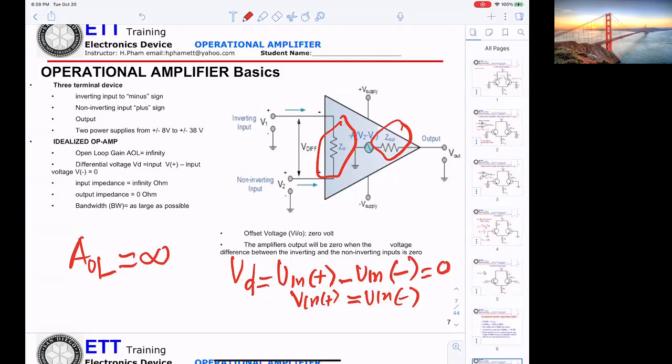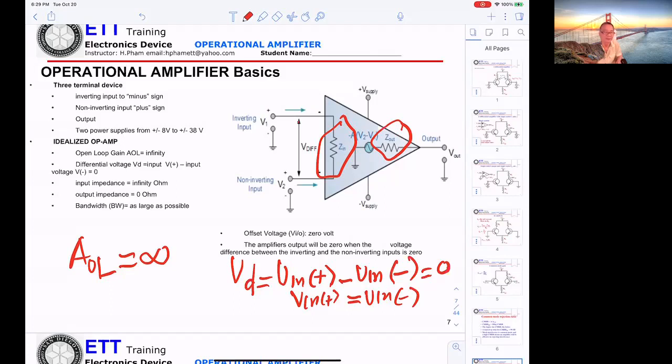And next, for the op amp, ideally, you want the open loop gain to be infinity, as big as you can. And the input impedance of the op amp will be infinity. It looks like an open inside.